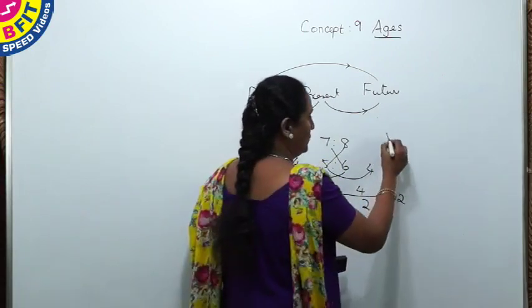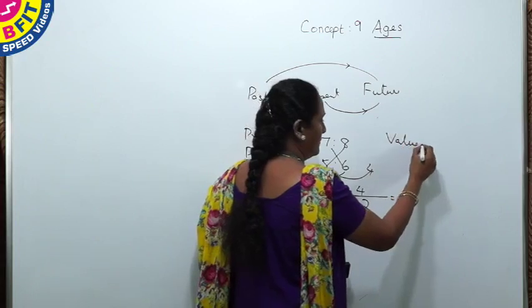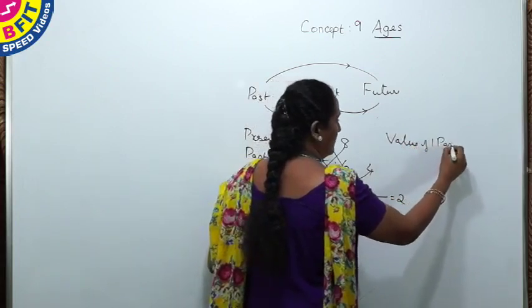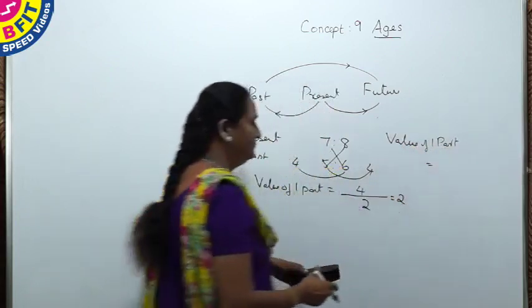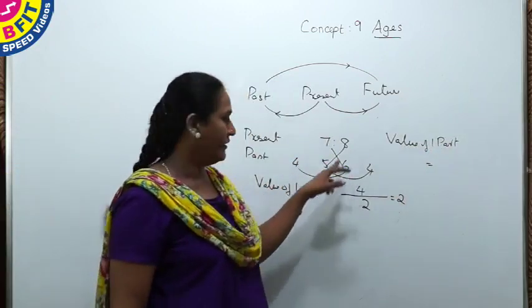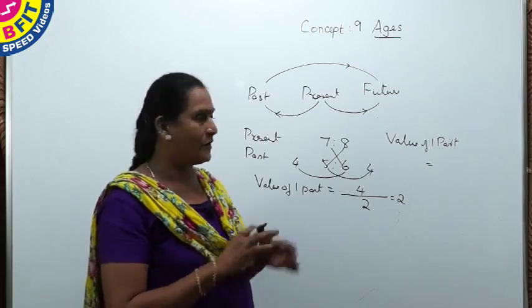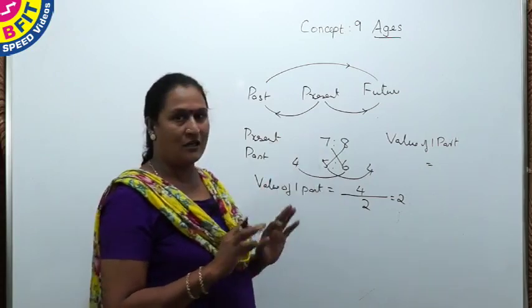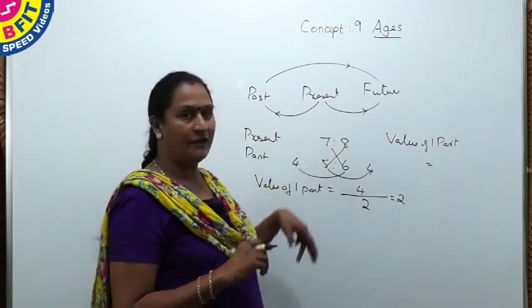So to find the value of one part, the denominator will be the product difference of the given ratios. Write the ratios one below the other and find the product difference.